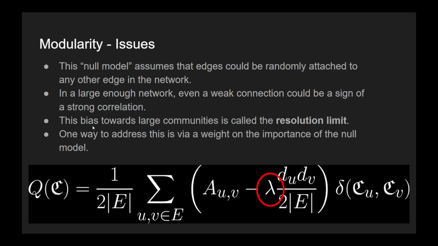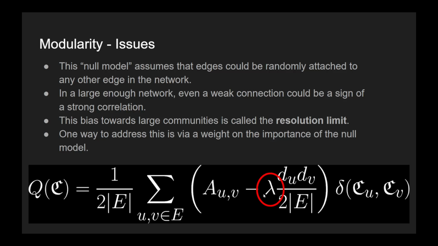What this can do is bias towards large communities. And again, this is called the resolution limit issue. One way you can address this is by a weighting factor on the importance of this probability. So this is usually given by lambda.